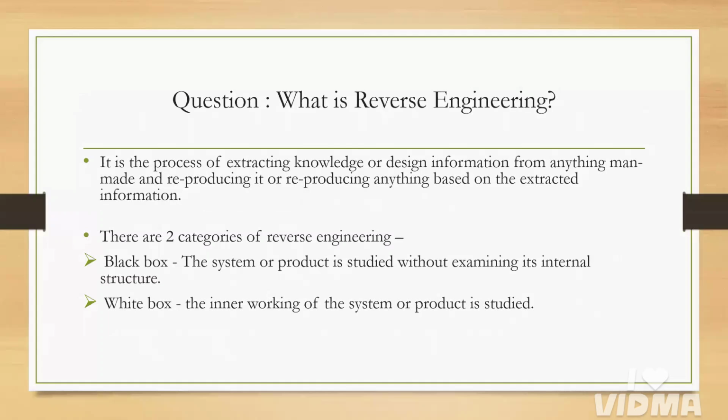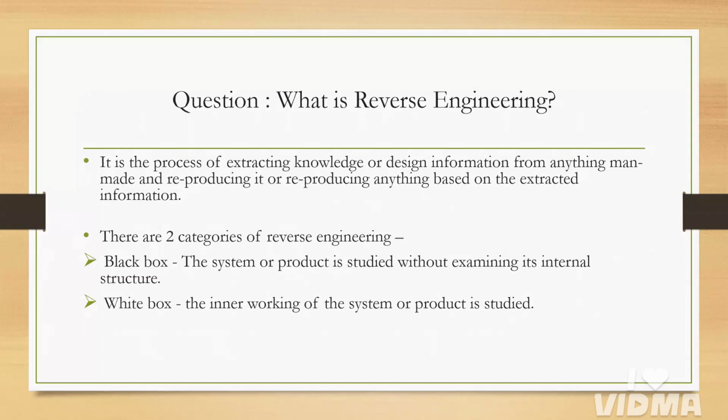And reverse engineering. In reverse engineering we extract knowledge or design information from anything man-made and reproduce it. When we are handling an existing project and we don't have any documents, we go for reverse engineering.